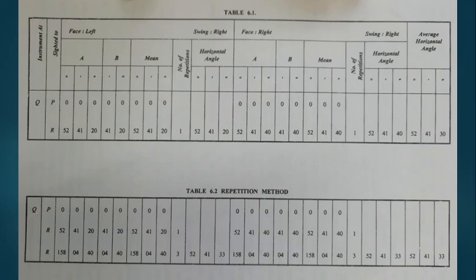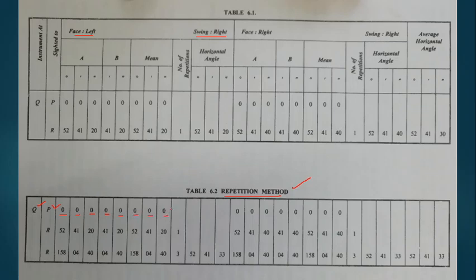This table corresponds to the repetition method, and the instrument is at Q, sighted initially to P, with face left and right swing, which means clockwise rotation. For the initial position, on the QP line, we get everything 0: 0 degrees, 0 minutes and 0 seconds in vernier A, and in vernier B also 0 minutes and 0 seconds, and finally the average angle is also 0 degrees, 0 minutes and 0 seconds.